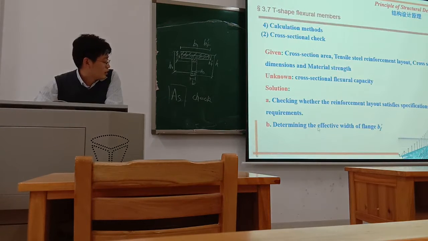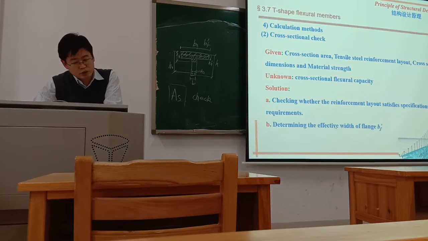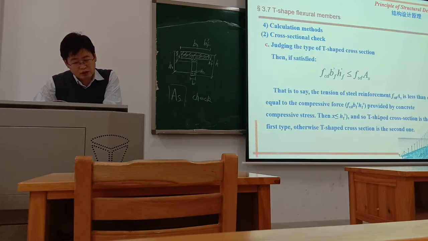Then also determine the effective width, the real width bf, based on the code. And then determine type 1 or type 2, using the equation we wrote just now.